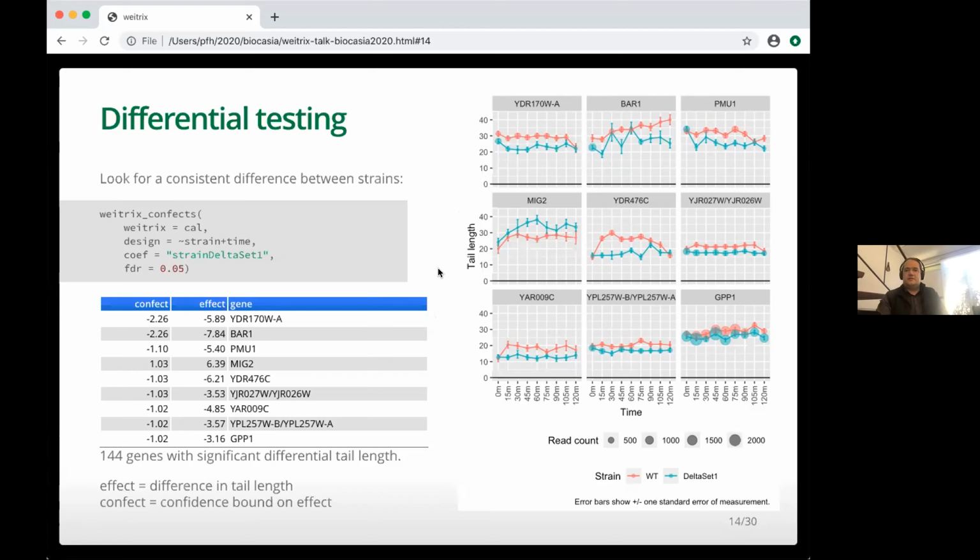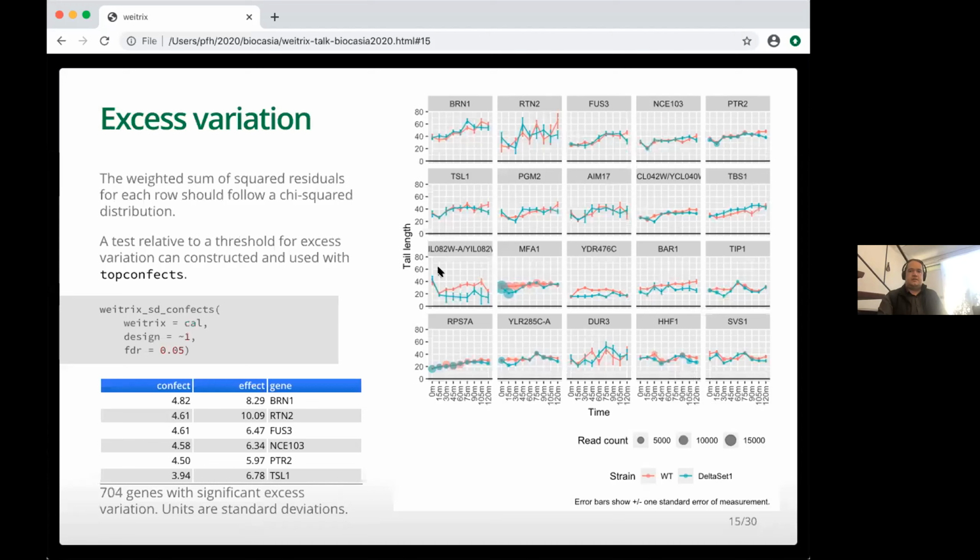So what are some other things we can do once we have nice precision weights for a data set? One thing is we know how much noise we expect, so we can look for noise in excess of that. So I came up with a test relative to a threshold based on this idea, plugged that into topconfects. And this is looking for noise in excess of a very simple model, a simpler model than we used before, where we're just assuming all the tail lengths are equal.